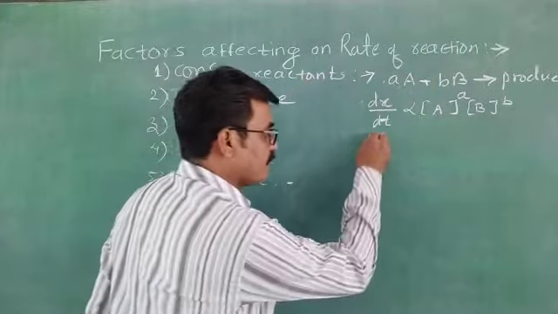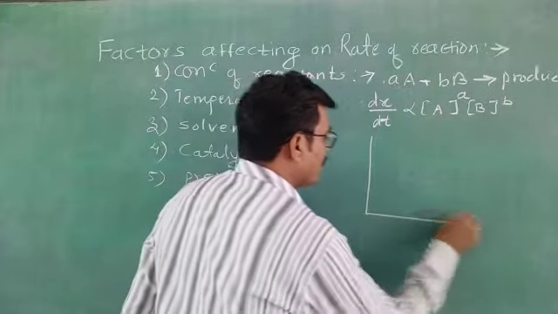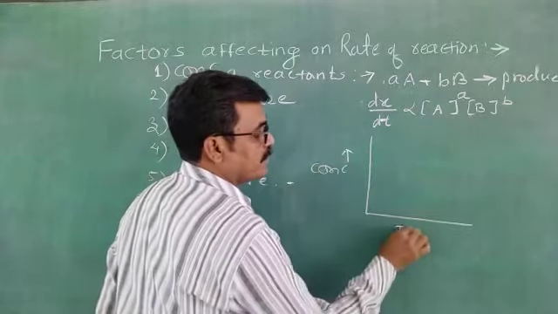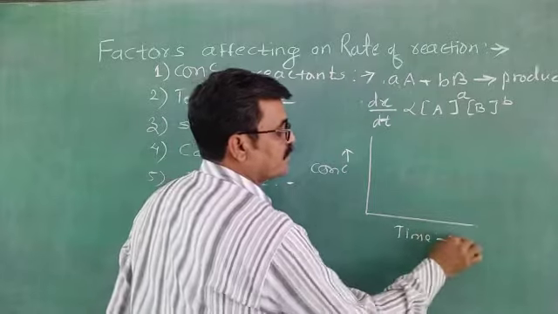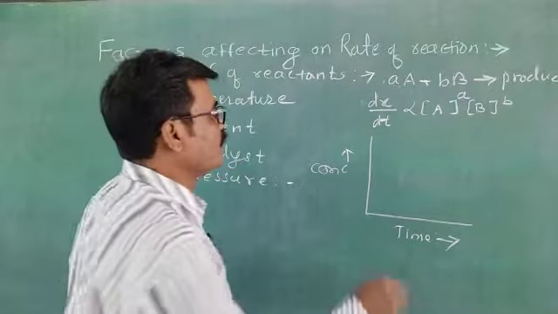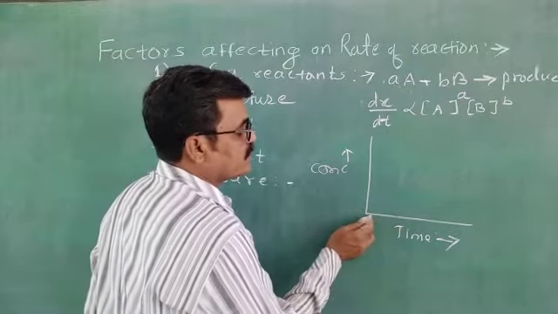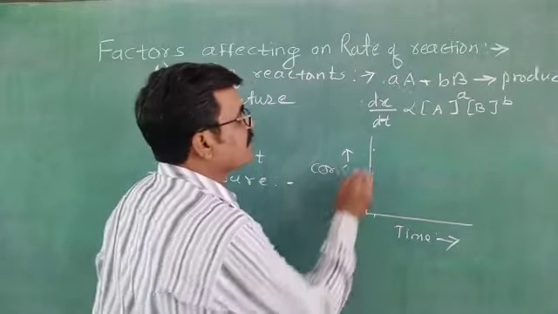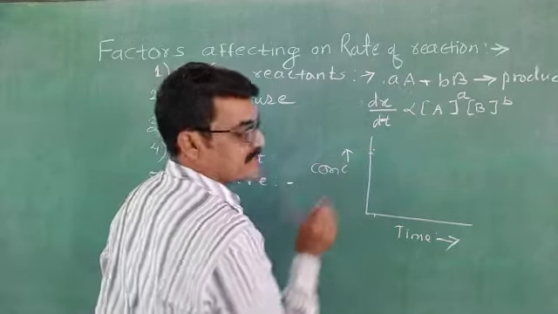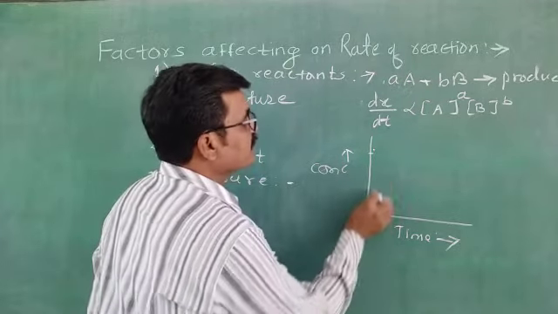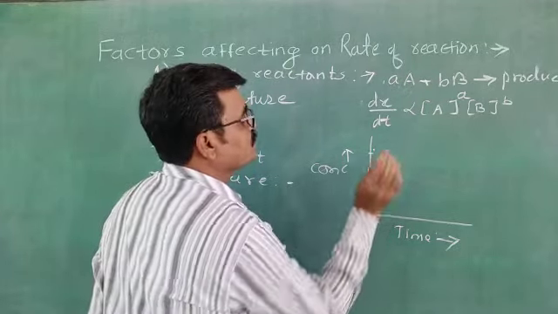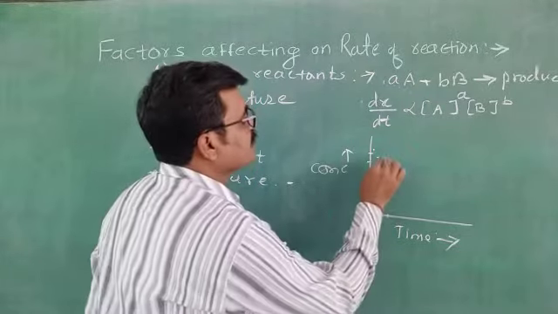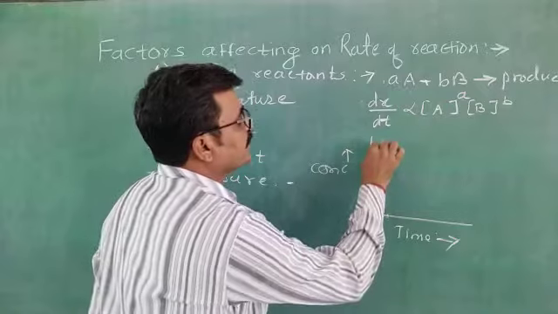If we plot a graph of concentration versus time, initially at time 0 only reactant is there. As time increases, the concentration of the reactant decreases, and in this way you will get this curve.